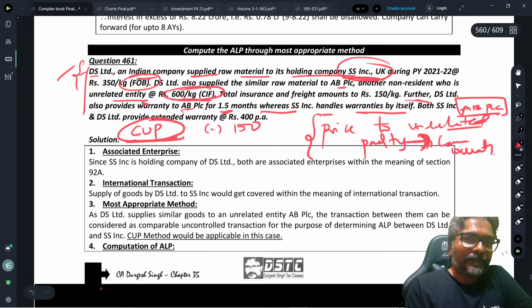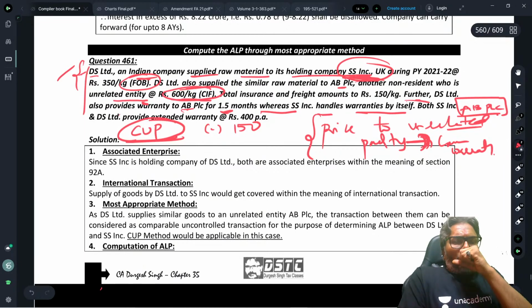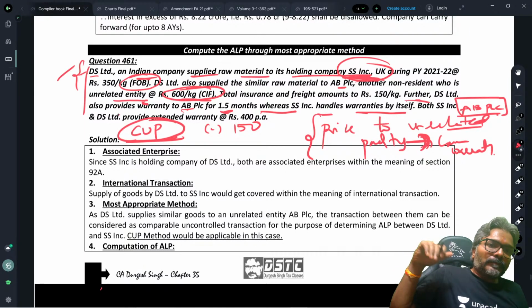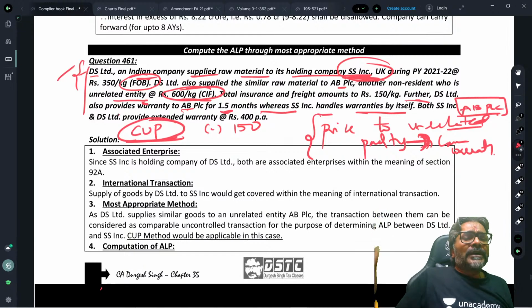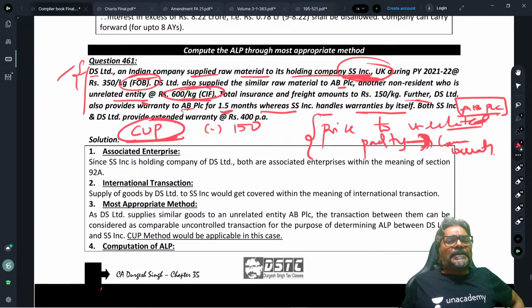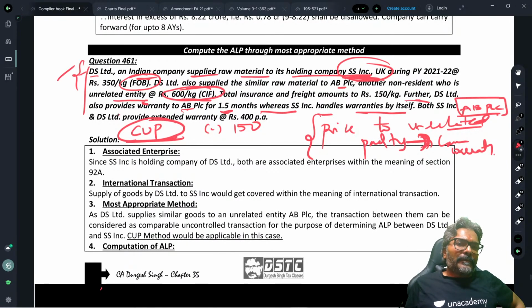Whereas the Indian AE charging the price to SS INC dot, students, that is exclusive of warranty. So one is inclusive and the other is exclusive. So therefore, students, you tell me now what I need to do.